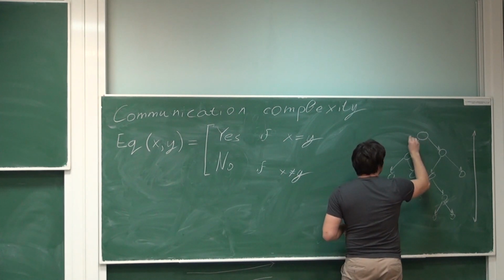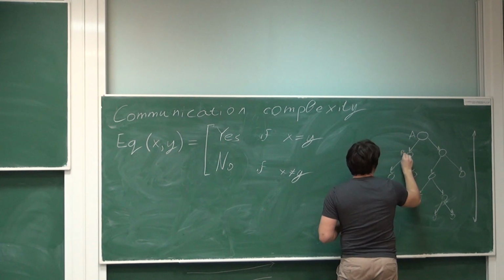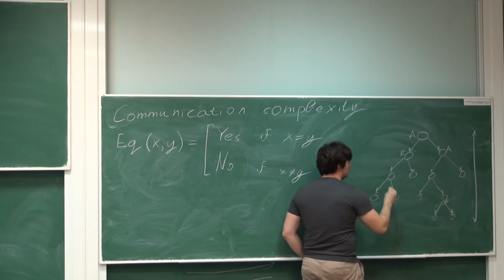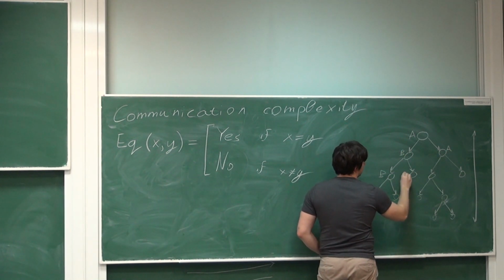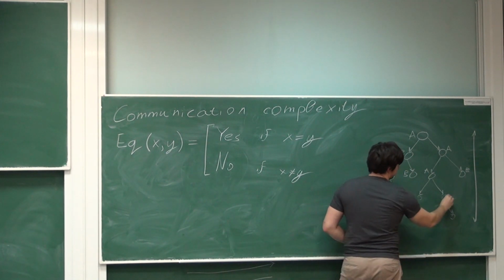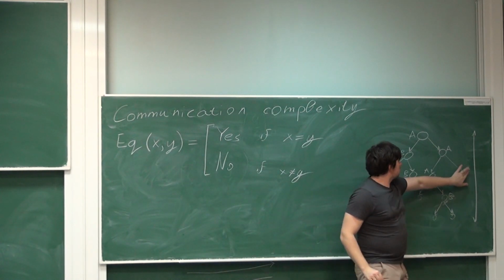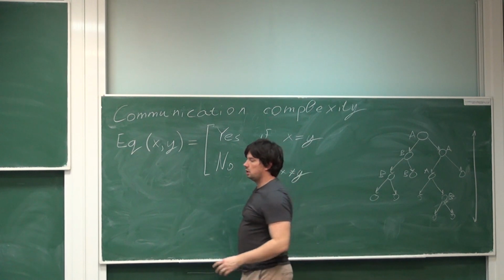So here's, let's say we have that Alice has this node, Bob has this one, Agnes has this node, and so on. Something like that. Leaves do not belong to anyone.